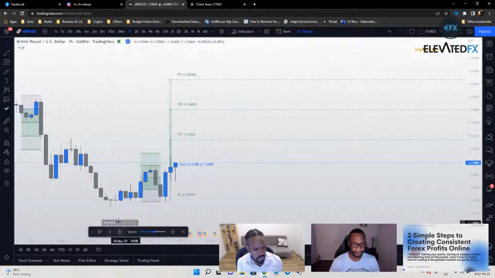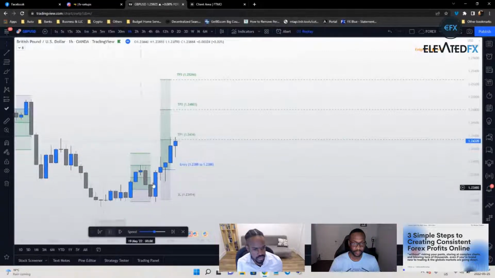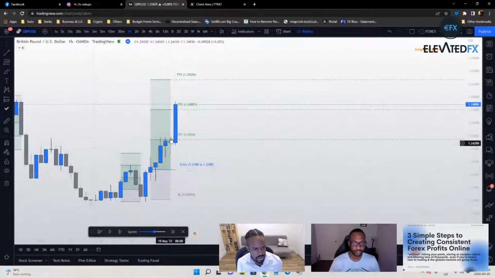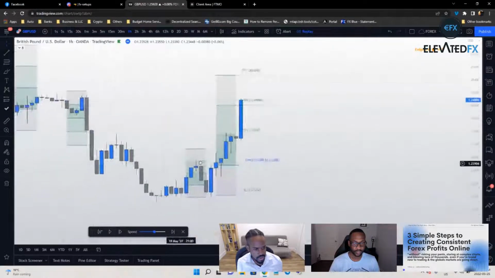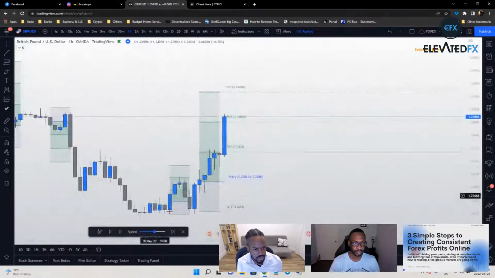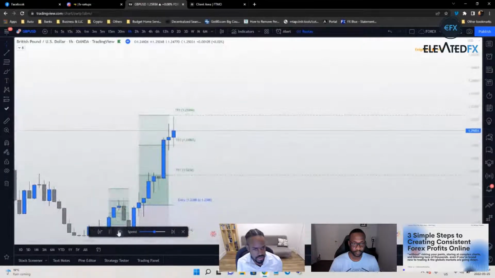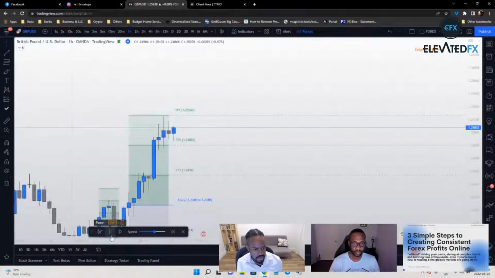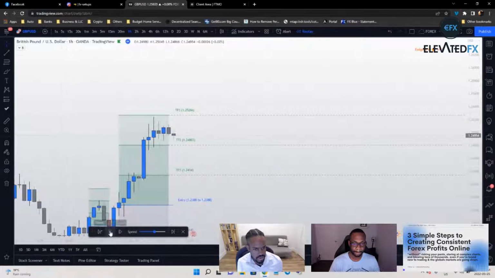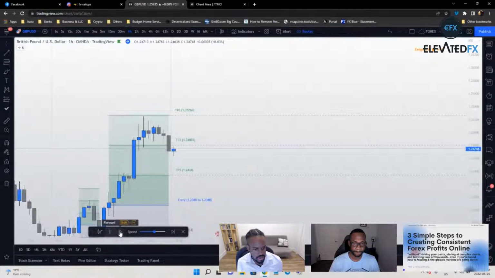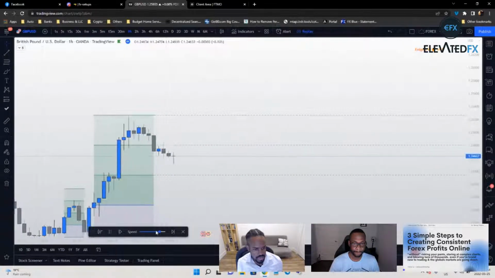Let's see how this one went. So it went to TP1. Boom. TP2. So if we look at the market structure, it was an uptrend here overall. So let's continue here. Let's speed it up.